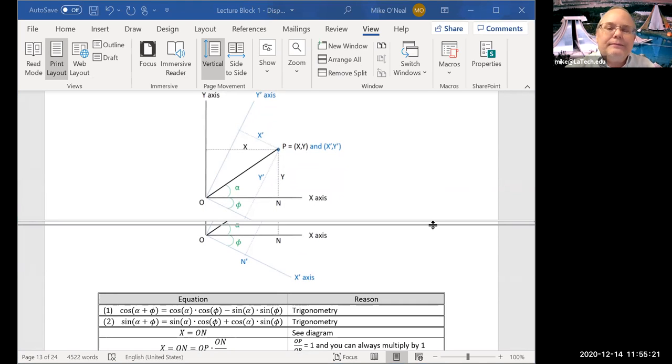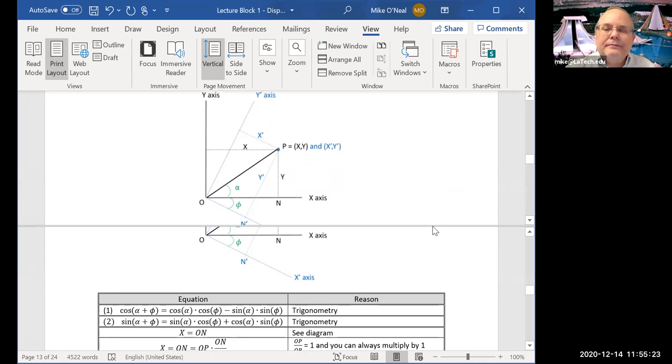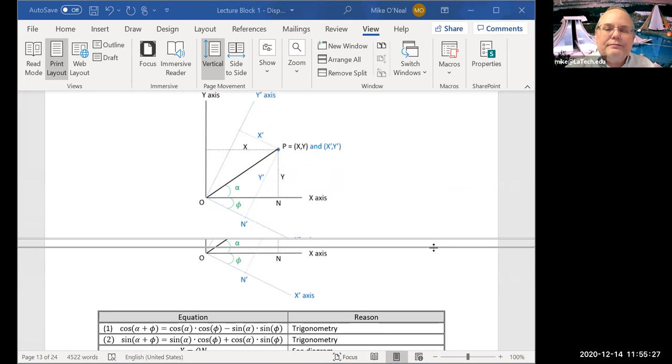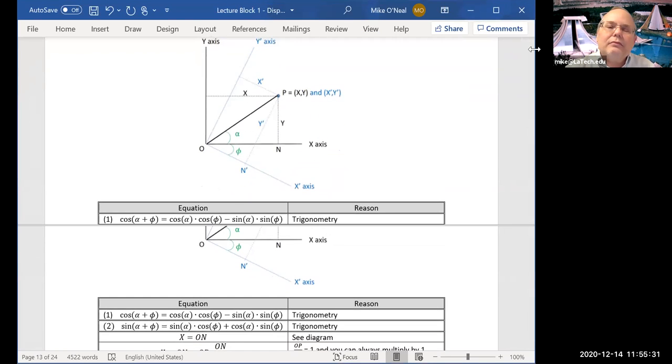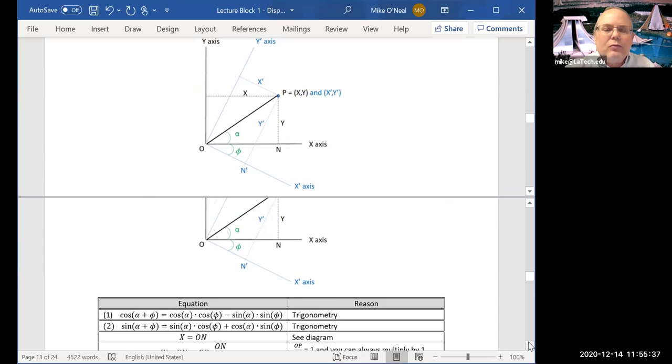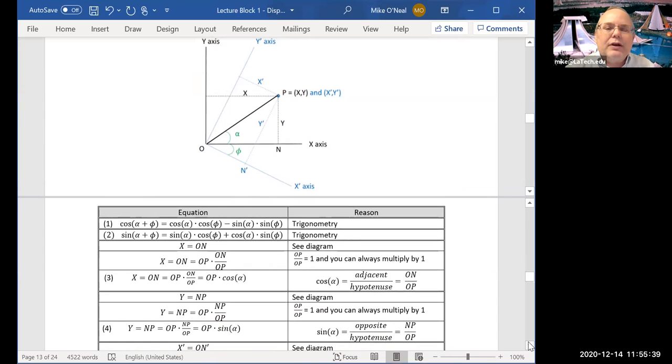So, to begin with, I'm just going to repeat what we had on the previous page, which is these two rules for cosine and sine. And what are the reasons for these equations? Well, they come from trigonometry.